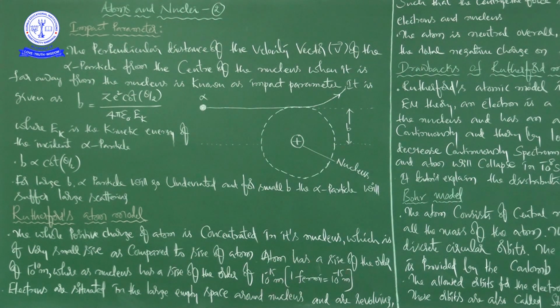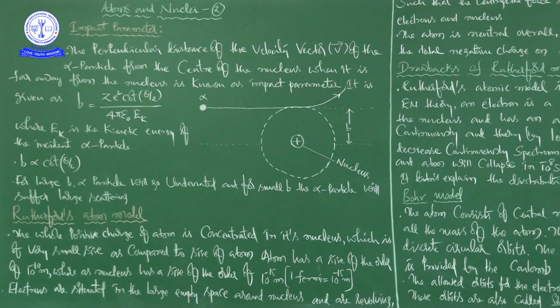Remember one small conversion: 1 Fermi is equal to 10 to the power of minus 15 meters.